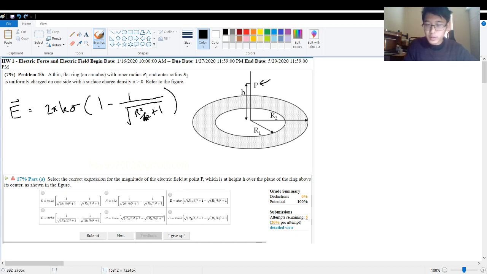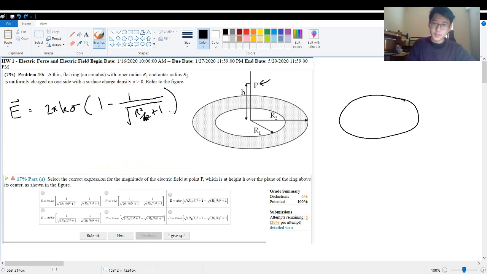The point of this question is the concept of vector addition. If we pretend that there's no circle in the middle, and we're just adding up every single point in this disk, every single point in this space right here also adds to the field at point P. But if we suddenly remove it, it's like we're subtracting all these electric field contributions that this disk adds.